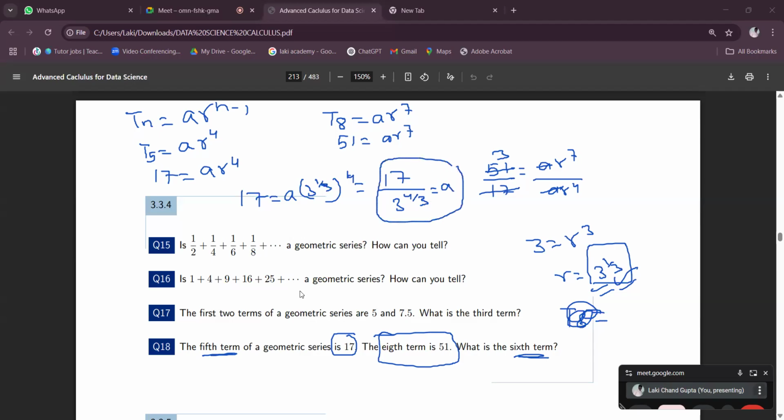So the sixth term will be ar^5. Then you can say 3^(5/3) minus 4/3, which is 5 minus 4, 1 by 3, so 3^(1/3).